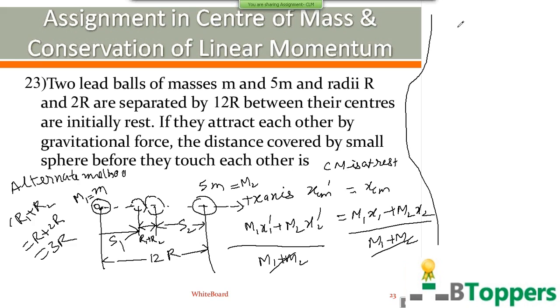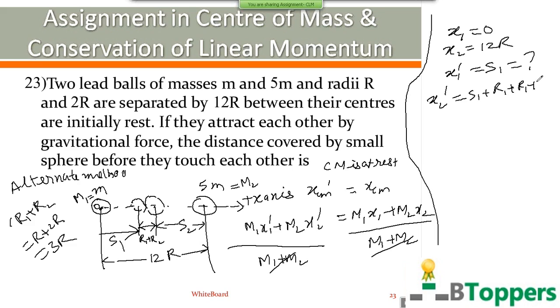So here x1 is the initial distance of m1 from the origin, that is 0. x2 is the initial distance of the center of the second sphere from the origin, that is 12r. x1 dash is the new distance of the center of the first sphere from the origin, that is S1, which you have to find. x2 dash is the new distance of the center of the second sphere from the origin, that is equal to S1 plus r1 plus r2, which is equal to 3r, or S1 plus 3r.